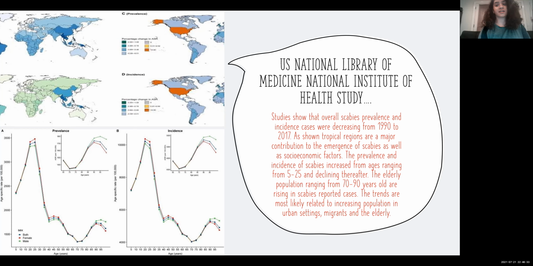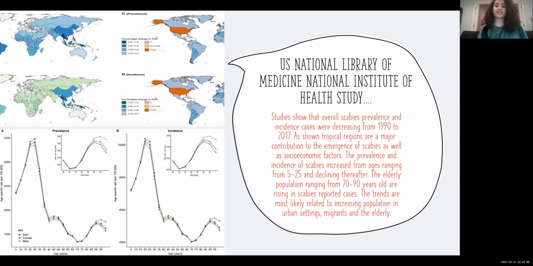So here's a study that the US National Library of Medicine, National Institutes of Health did. The studies show that overall scabies prevalence and incidence cases were decreasing from 1990 to 2017. As shown, tropical regions are a major contribution to the emergence of scabies, as well as socioeconomic factors.